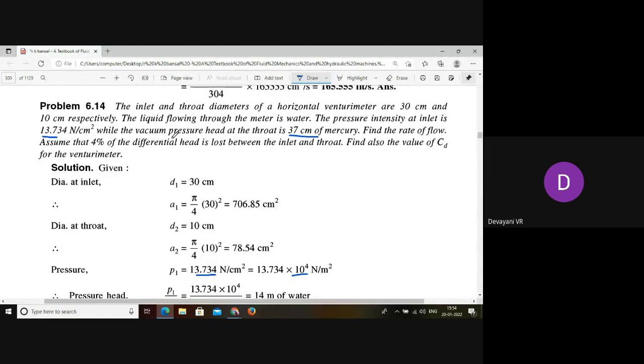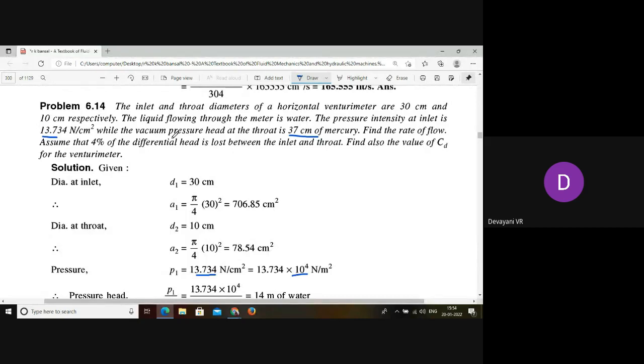So what are the different types of pressures? Atmospheric pressure, positive gauge pressure, vacuum pressure or the suction pressure, and then absolute pressure. I think you remember those pressures, isn't it? And the vacuum pressure has another name, that is negative pressure.